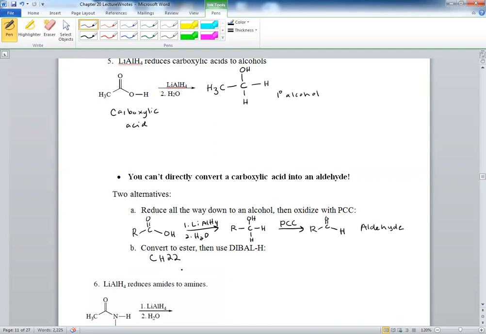So you're going to go from a carboxylic acid to an ester, and then from an ester, you can use DIBAL-H. We've seen this on the last page. And water, and we can arrive at an aldehyde.